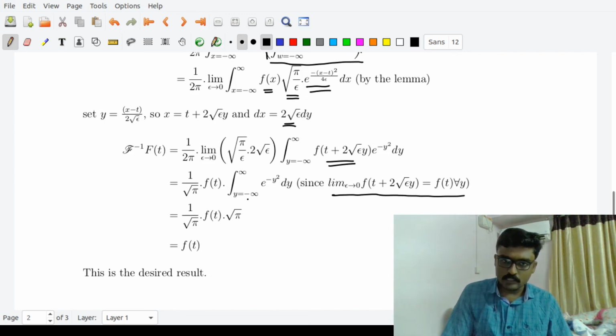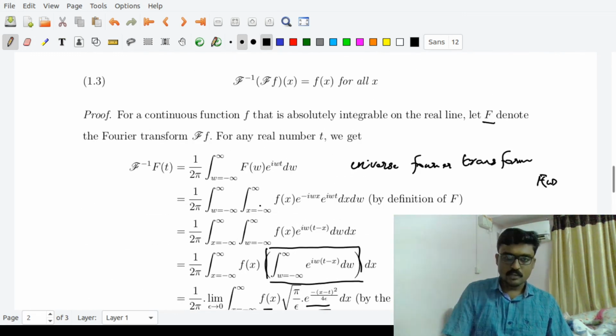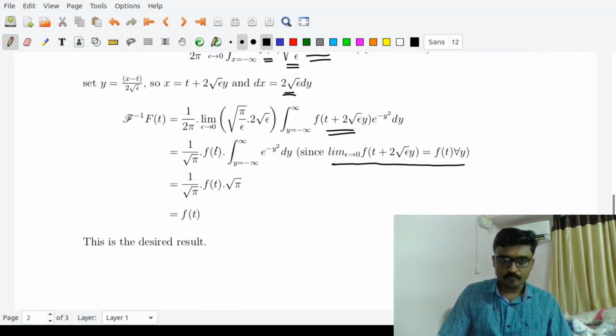We already know the integral value of e raised to minus y square from minus infinity to infinity is root pi. Then this equals 1 by root pi f of t into root pi. Root pi cancels out, we get f of t. This is the desired result, because finally we get script F inverse of F of t equal to f of t.